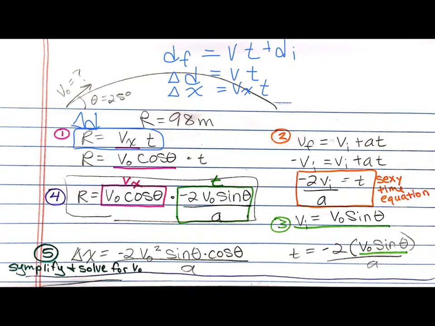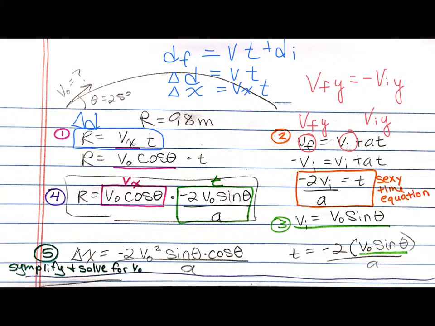One thing that's very important is to remember that this velocity is my final vertical velocity. So that's my VFY is what this one is. And this one is my initial vertical velocity. And remember that final vertical velocity is equal to negative initial vertical velocity.